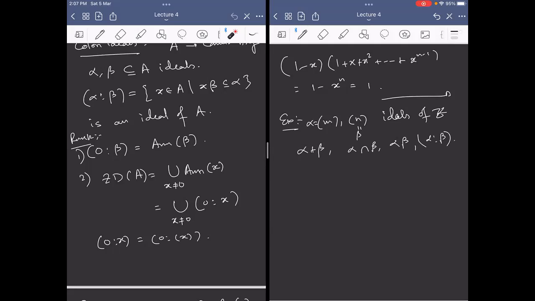Find them in terms of M, N, their GCD, their LCM, etc. This is a very connected exercise with your basic undergraduate or maybe school level number theory knowledge. So you will see that what you learned there will be used here.